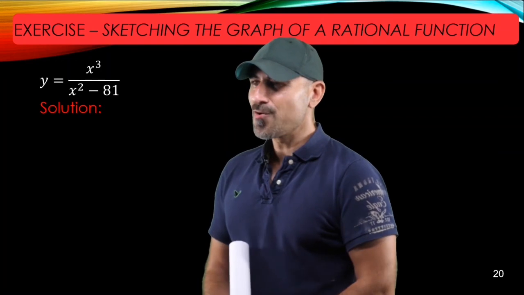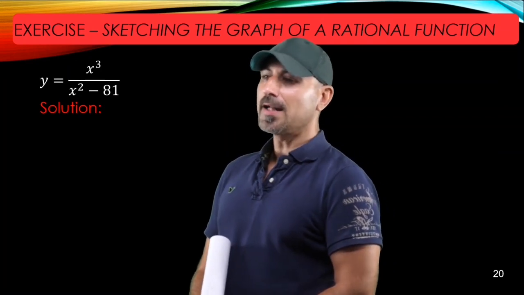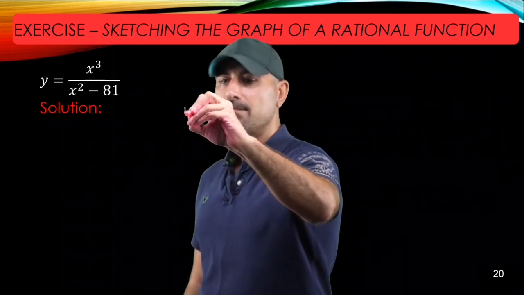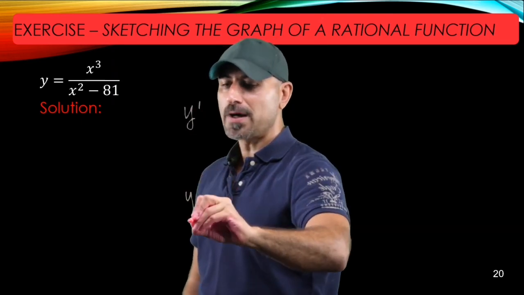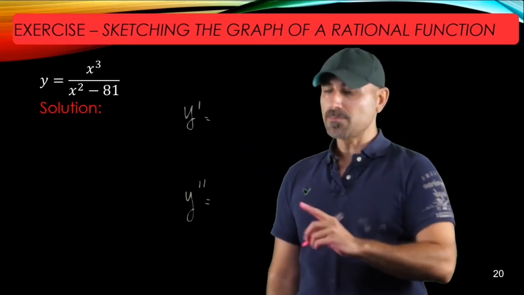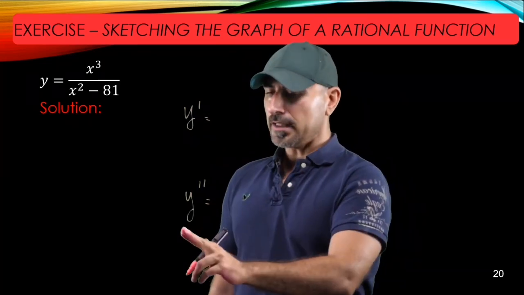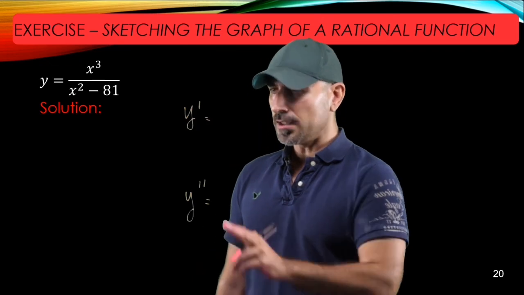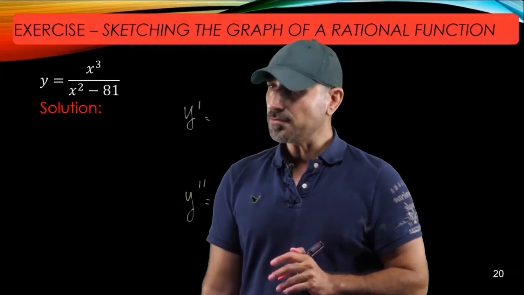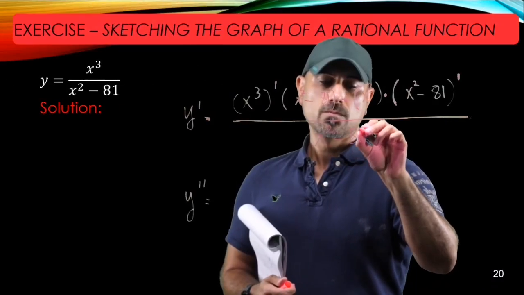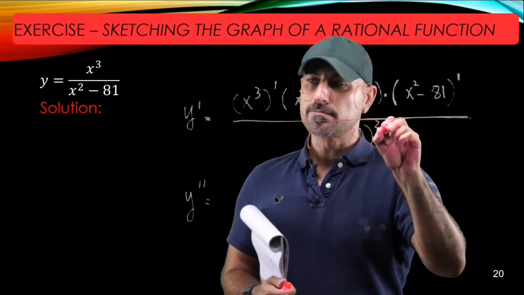Now we're looking at item number 3 in the guideline. We're looking for y prime and y double prime. Let's find y prime together, and then you're going to pause the video after I'm done here and work on finding y double prime by yourself. Since we have a quotient here, why don't we use the quotient rule? The bottom squared.